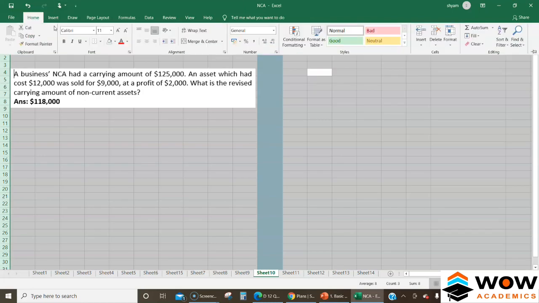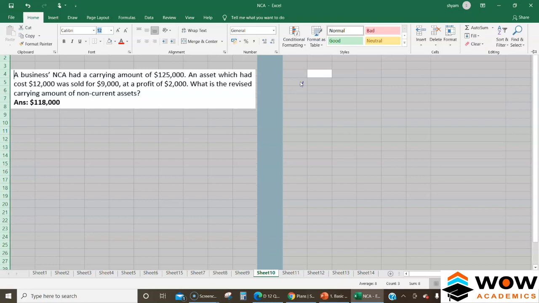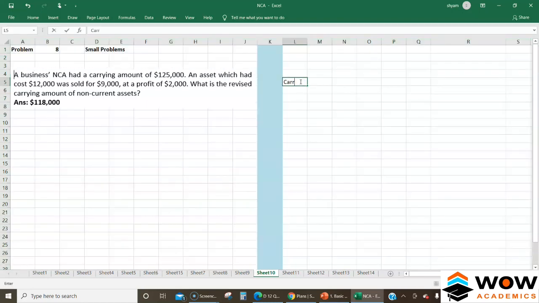First we'll see what carrying value is, then you will get a better idea. So carrying value refers to original value minus accumulated depreciation, or the total depreciation till now. Okay, so that is the formula.